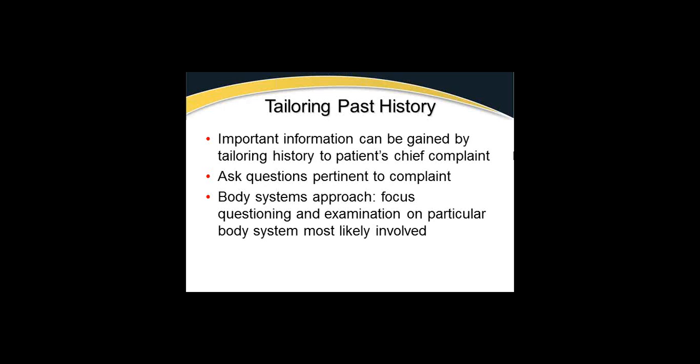So do a body systems approach and focus your questions and examine the particular body systems most likely involved. Don't stall on just one system though, because sometimes there are multiple issues. We might be complaining of shortness of breath, but why is this patient really short of breath? Well, because they actually have a circulatory issue that causes fluid to back up into their ankles and into their lungs.